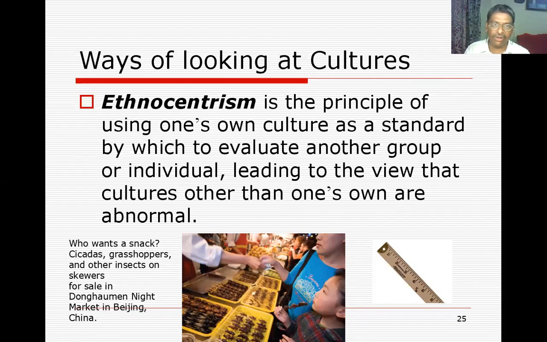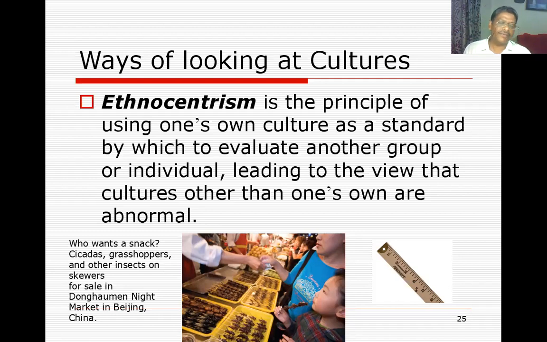You and I, how we look at it, number one, ethnocentrism. You need to Google and read more on this. Some of the books that I'm giving explain more on ethnocentrism. Any one of us, we fall into any one of these ways of looking at the culture.